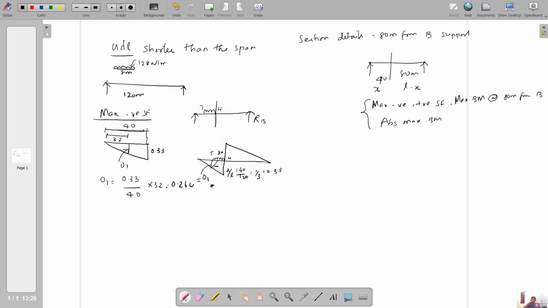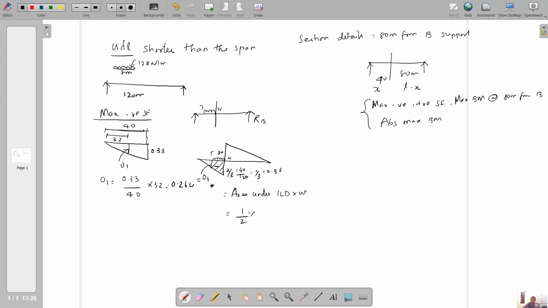Now we have to select the area under ILD in negative shear force only. We should not consider this positive diagram at all. We need only the negative shear force this time. So the formula is area under ILD into W. This is a trapezoidal variation with sides a and b.